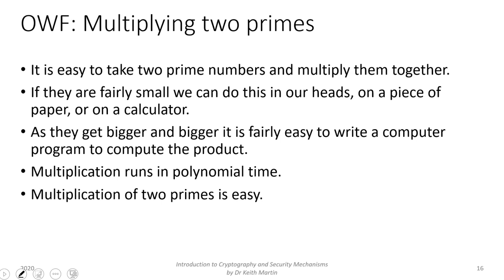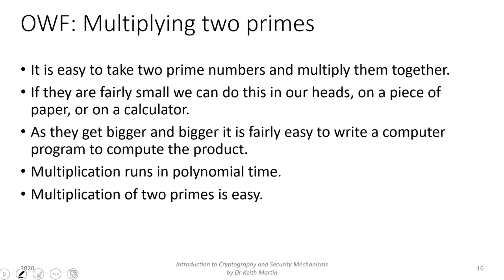That is what we would try to achieve with these one-way functions. For example, with multiplying two prime numbers, the multiplication part is the easy one. If we know the two numbers, multiplying is easy.